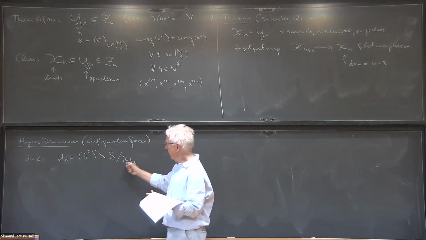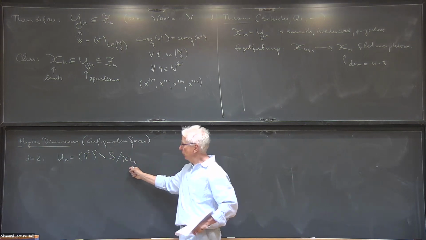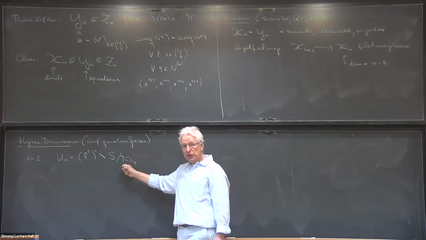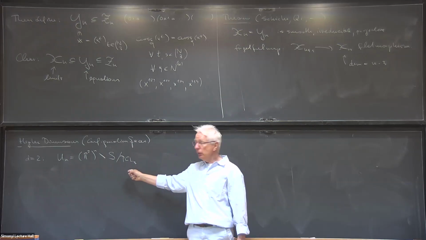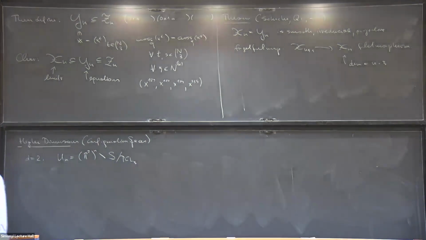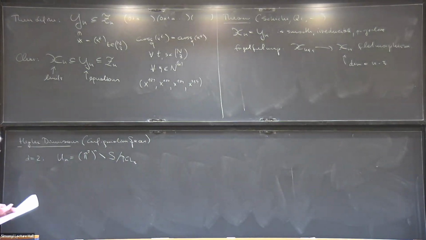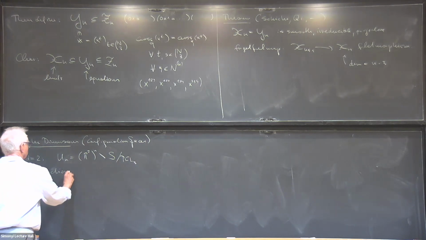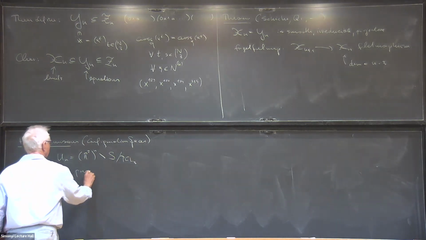And the action of PGL3 is, again, transitive on generic n-gons, but it preserves collinearity, okay?